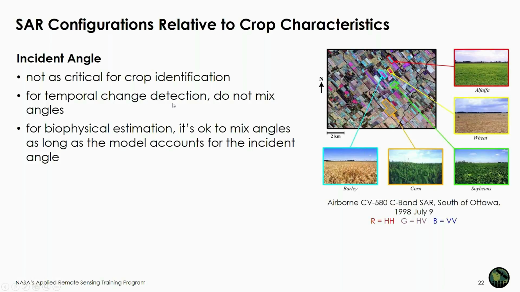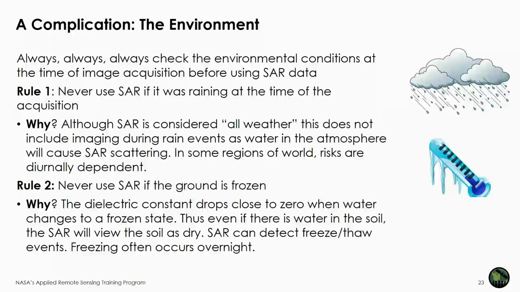If we're looking at temporal changes, so if we're looking at changes in biomass, for example, over time, we don't want to mix our incidence angles because, as we learned previously, incidence angle has a significant effect on radar return. For biophysical estimation, if we have a model that parameterizes incidence angle, such as the water cloud model as an example, then we often do use different incidence angles in our biophysical retrievals.